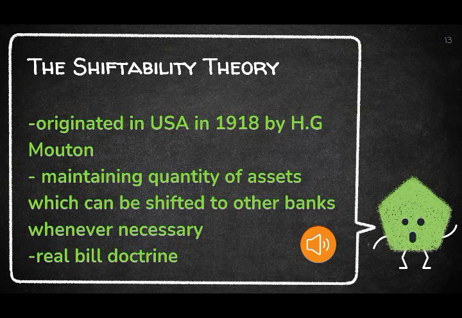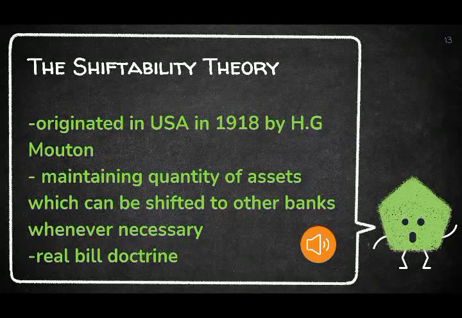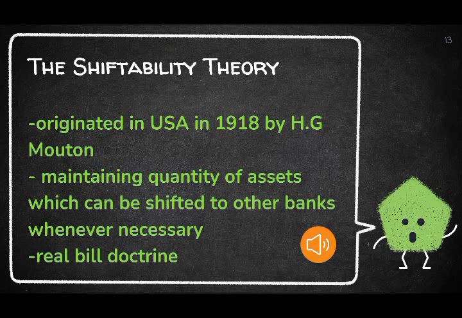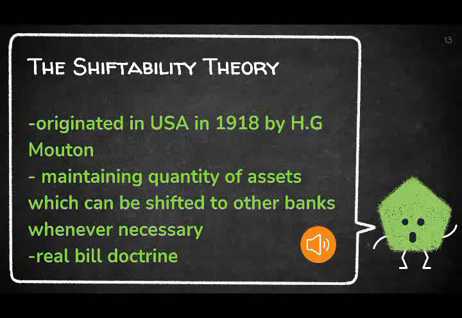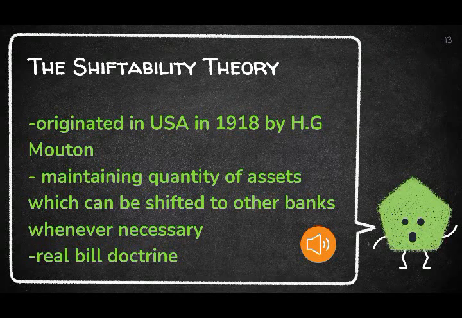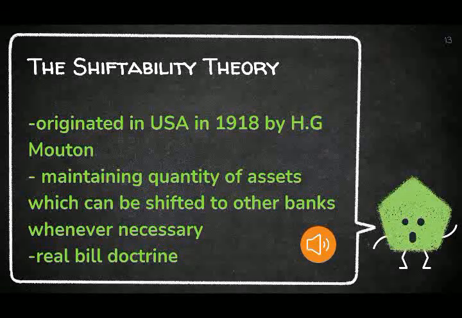Also, a bank can get cash from the central bank in case of difficulty simply by keeping the instruments as security. This theory presented an alternative to the real bills doctrine, where there is a possibility of risk because of economic depression in the buying and selling of commercial goods and raw materials. And just like the commercial loan theory, the shiftability theory was also ignored.